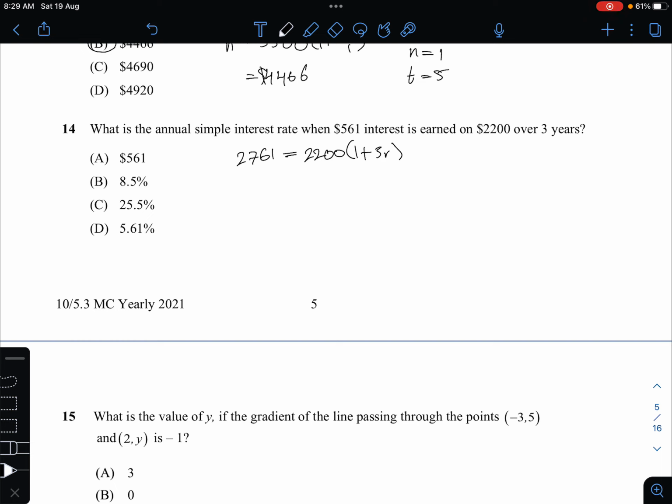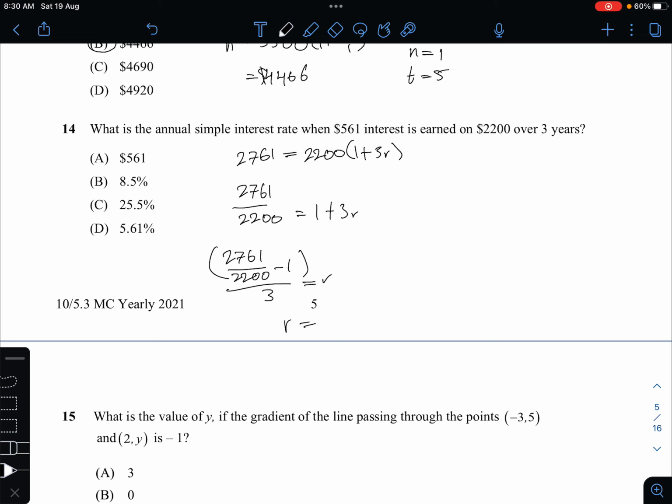So this is just applying all of our original stuff. Again, I can explain this in more depth if you don't understand this, and I actually don't know if you need to know this yet, but yeah, so simple algebra, it's just 2,761 over 2,200 equals 1 plus 3R. 2,761 over 2,200 minus 1, over 3, equals R. And putting that into the computer, 2,761 over 2,200 minus 1 divided by 3 is 8.5%.